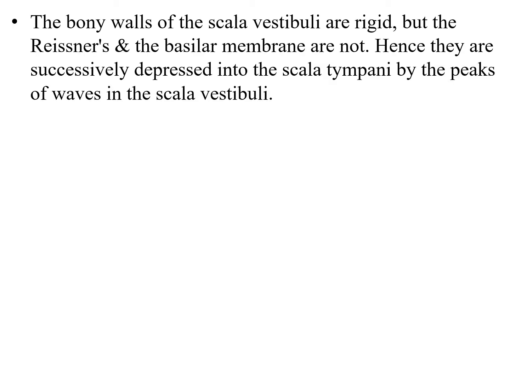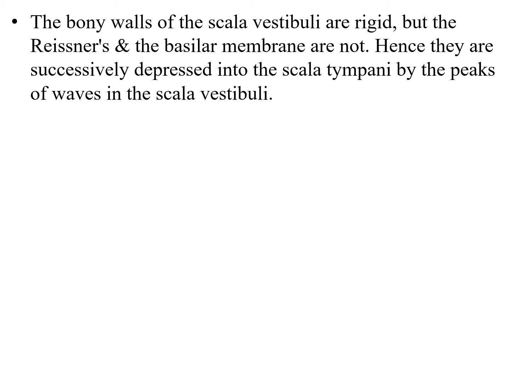Since the cochlea is encased in a bony wall, these waves in the perilymph do not have anywhere to dissipate. So they keep on traveling towards the apex. And while traveling, they cause depressions on the Reissner's membrane and then the basilar membrane.